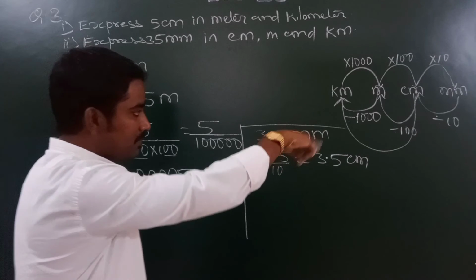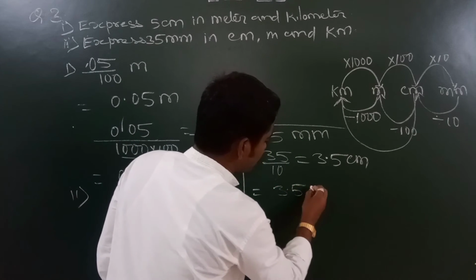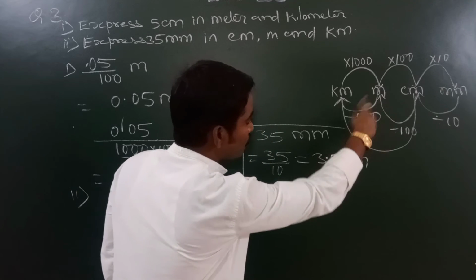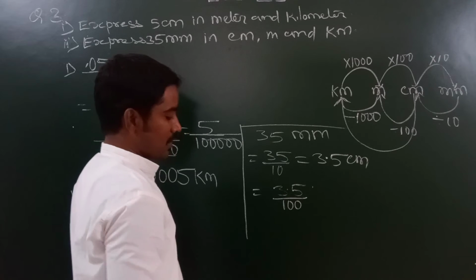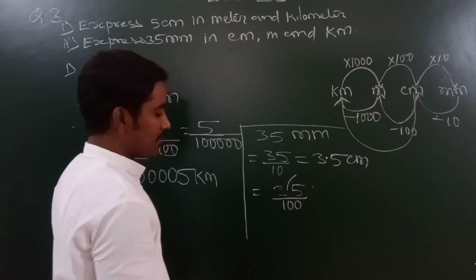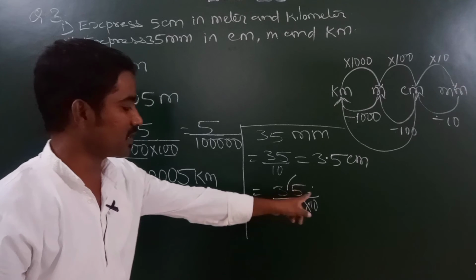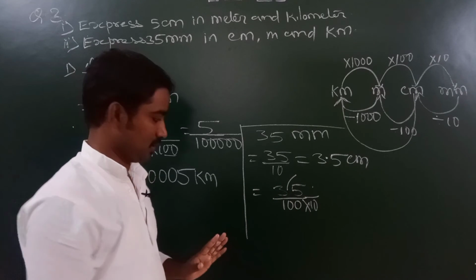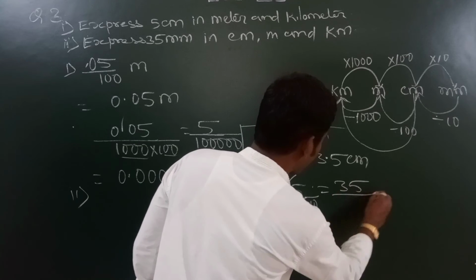Now from centimeter if you move to meter, so 3.5 centimeter, when you move to meter, then you will have to divide it by how much, students? 100. And if you remove this decimal, then here you will have to multiply it by 10. Why? Because after the decimal we are having 1 digit. Okay, now here we are having 35 upon how much?